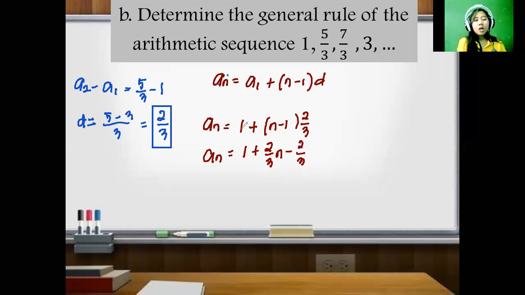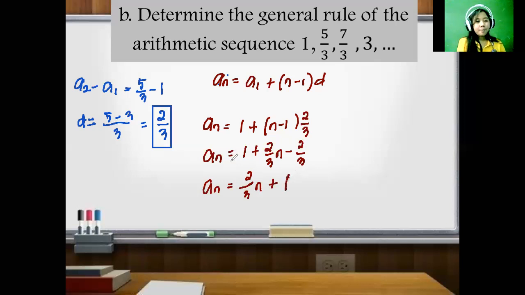Okay po? Okay, now, mas maganda po kapag inuuna natin yung may variable. So, a sub n, i-arrange po muna natin 2 over 3 times n plus 1. Ma'am, bakit po siya plus 1?